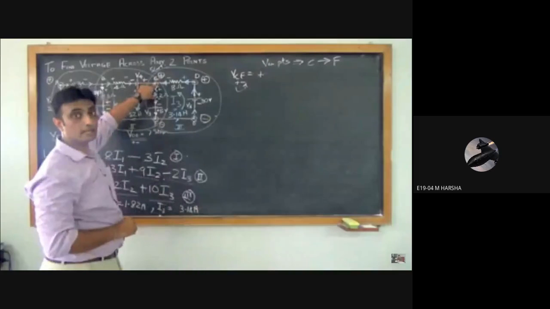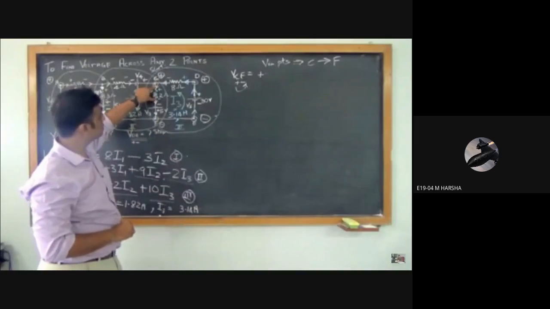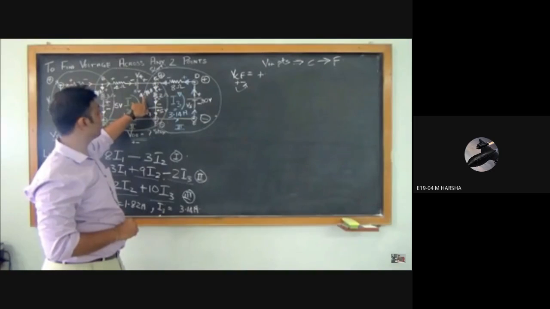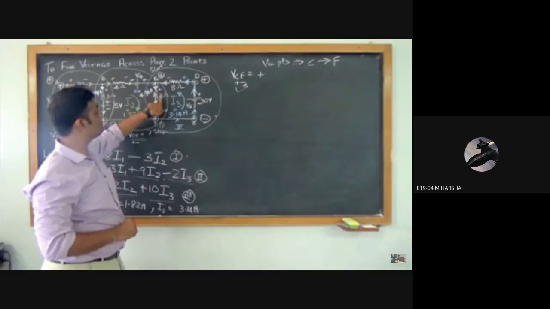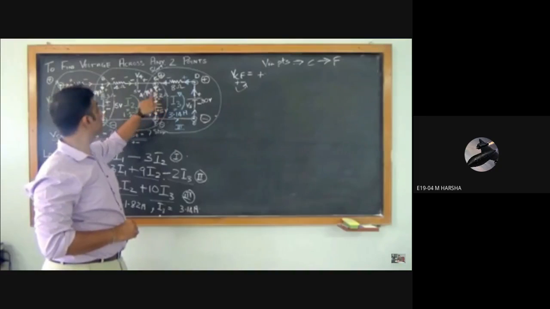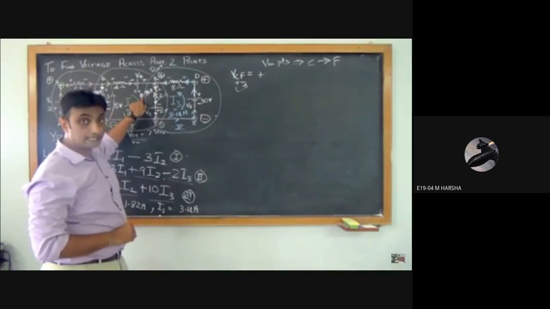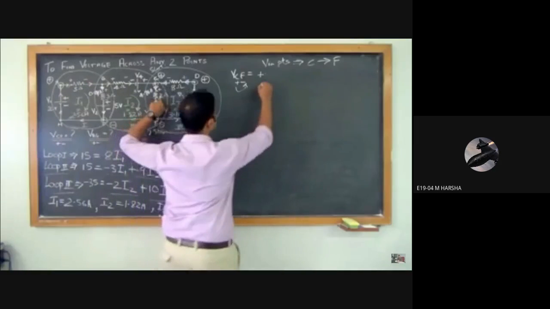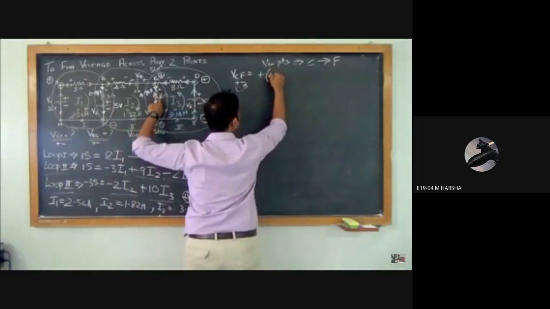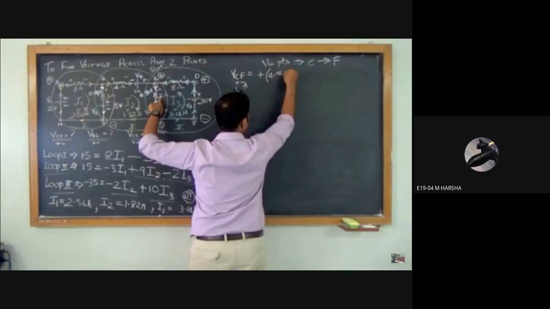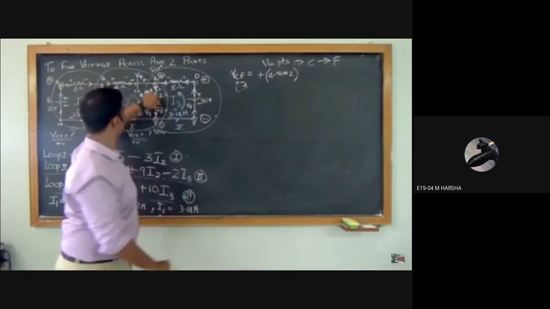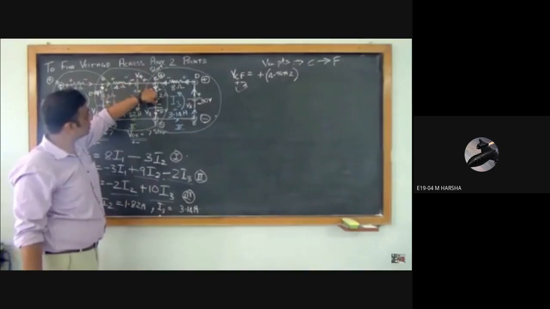According to Ohm's law, we have V equals I into R. So I is what? 4.96. What is R? 2. So 4.96 into 2 ohms.